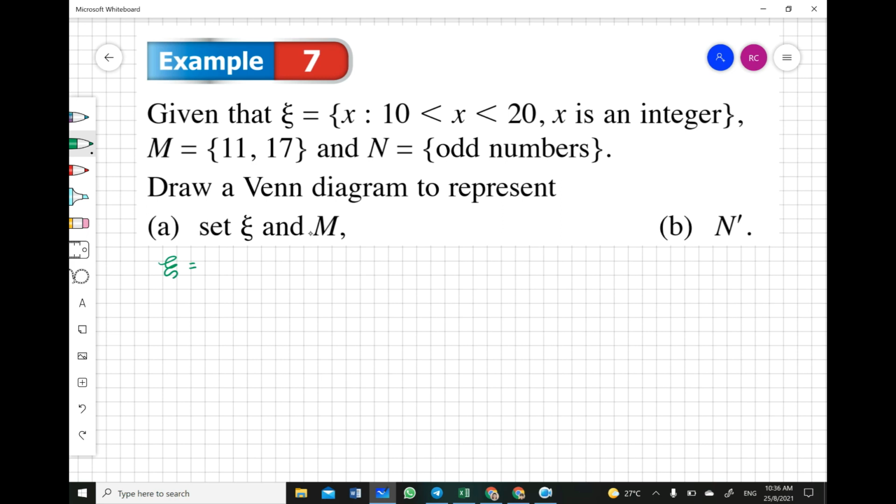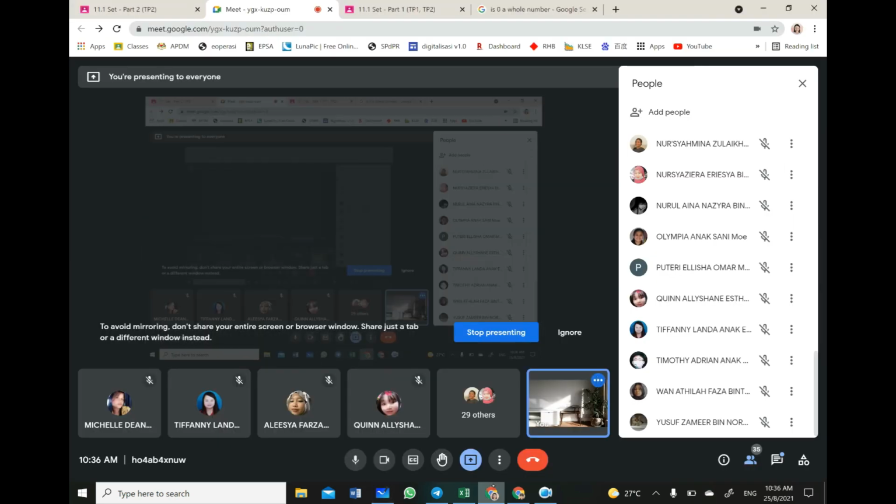Okay, next person. Queen, can you give me the elements of the universal set? Queen, are you there? Yes, madam. Can you give me the elements for the universal set? That is in between 10 and 20.